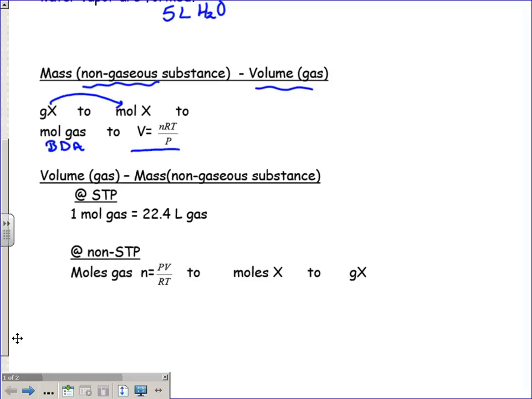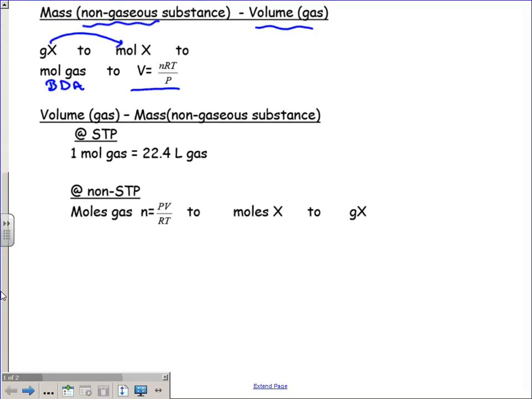If we're starting with a gas and we're solving for a non-gaseous substance, of course we know we have to get moles. If it's at standard temperature and pressure, we've been doing this for the third unit now, 1 mole of gas is 22.4 liters. If it is at non-standard temperature and pressure, this is where we'll get moles using our ideal gas law.